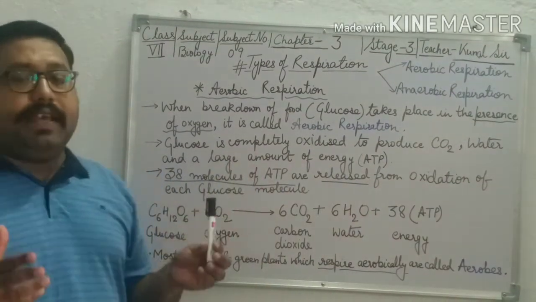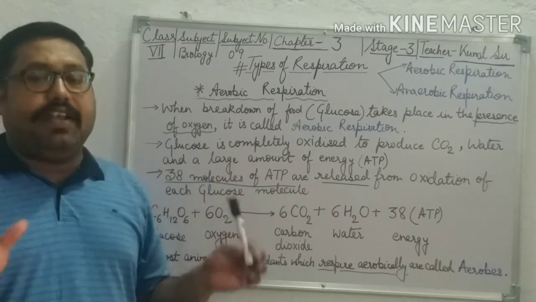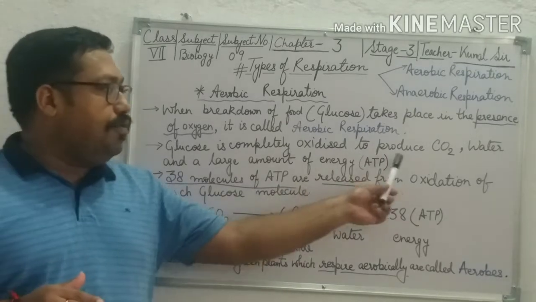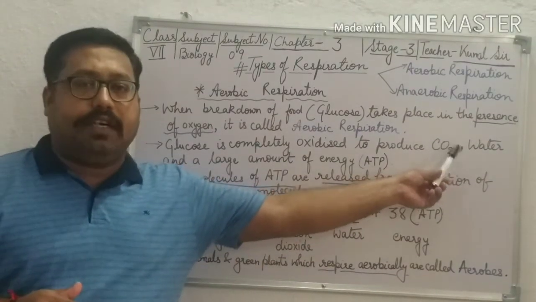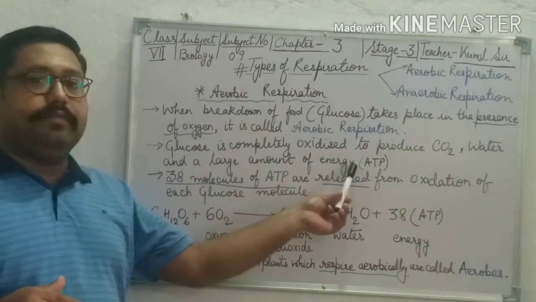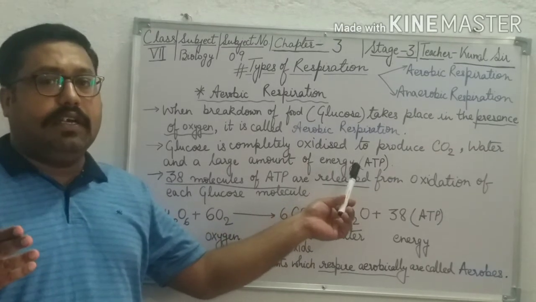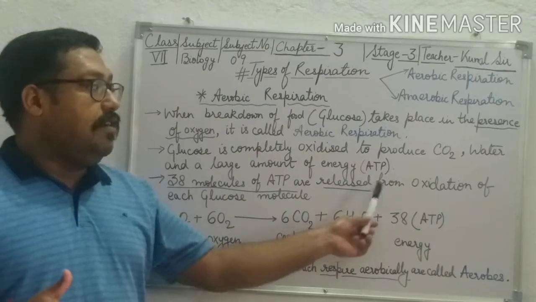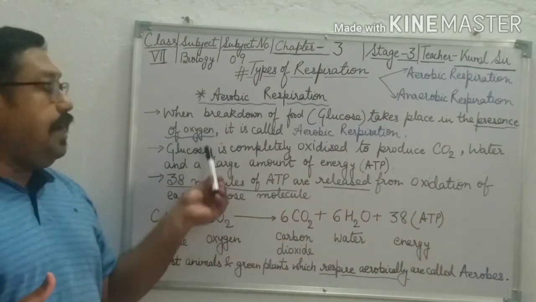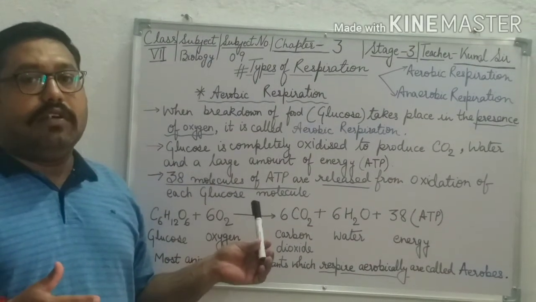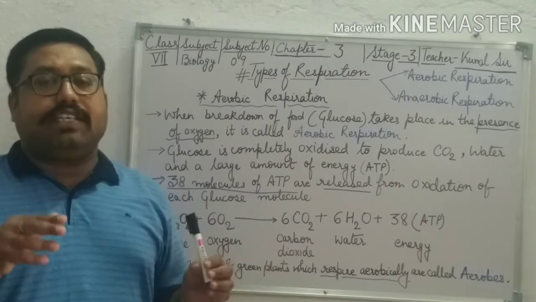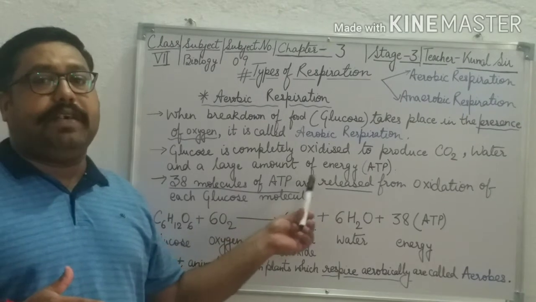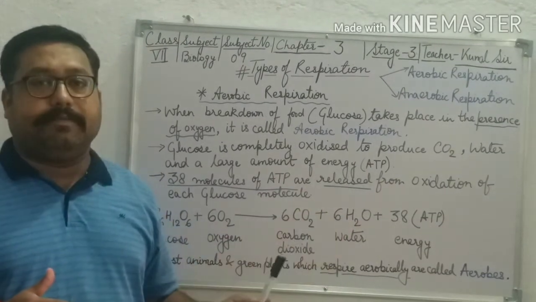The food made by the plant is completely oxidized to produce carbon dioxide, water and ATP, and 38 molecules of ATP are released from the oxidation of each glucose molecule.